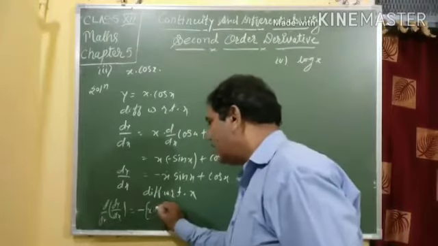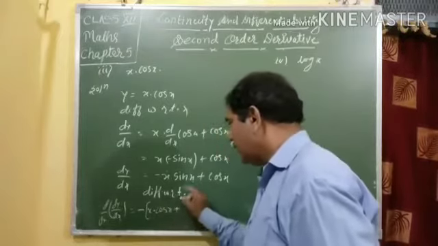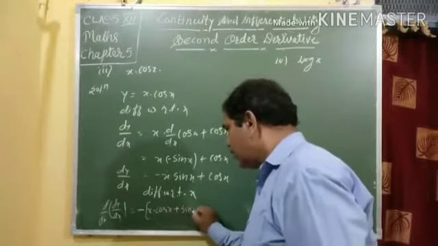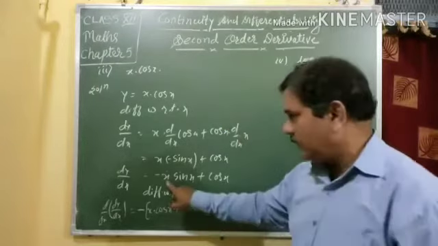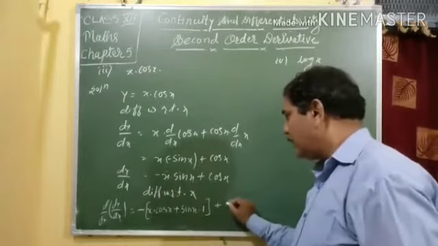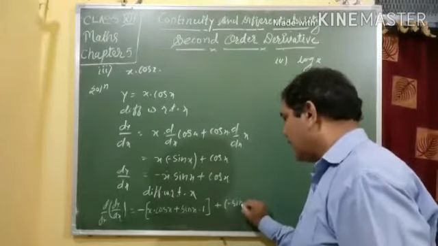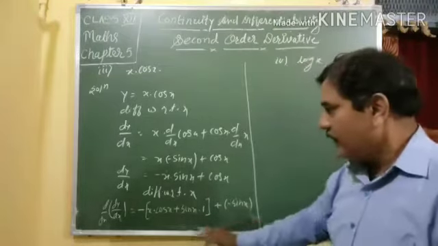First into derivative of sine, that is cos x, plus sine into derivative of x, that is 1, plus derivative of cos x, that is minus sin x. Clear that?